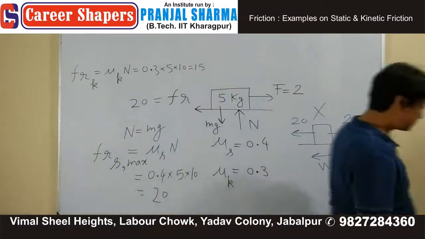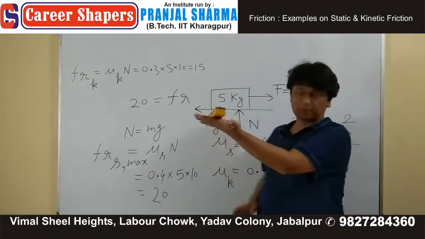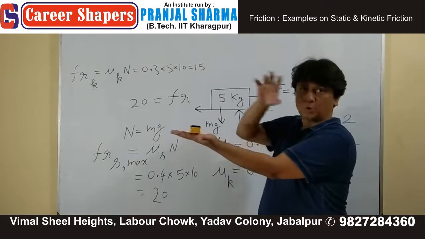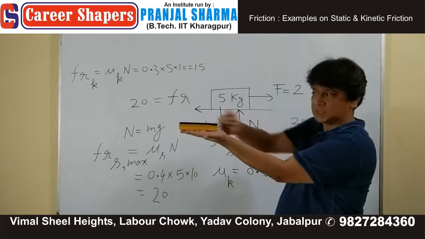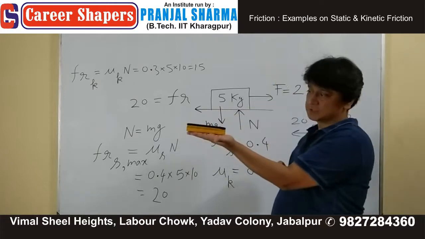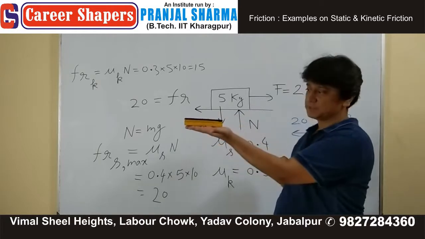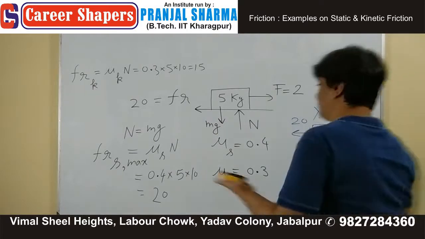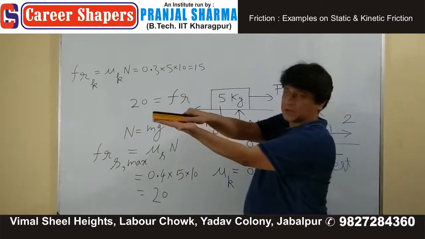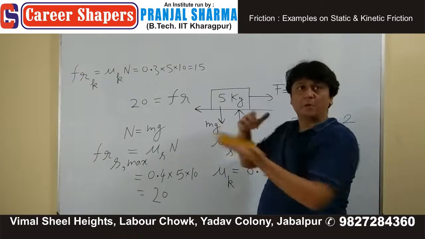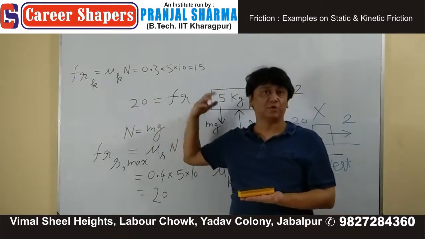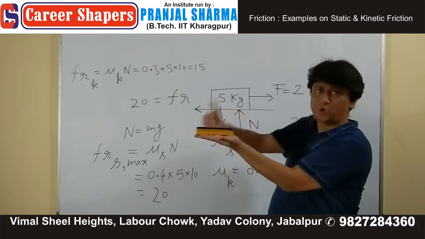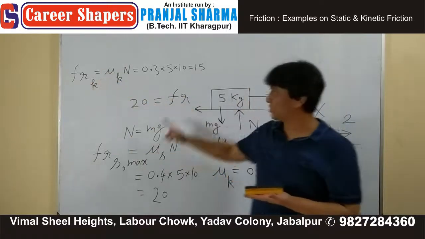Why? Imagine this. You have a block lying on a horizontal surface and somebody gave you all this information, and then you come and try to move this object, you try to pull this duster this way. Try to visualize this. You have a duster which is resting on a horizontal surface. Resting means it's not moving. You came and pulled this duster towards yourself with some force. But if a force of friction of 20 got generated like this, you would be troubled. You would wonder what is happening. You pulled with 2 towards yourself. Instead of this block moving towards you, what happens? It moves away from you because of this dominating force.